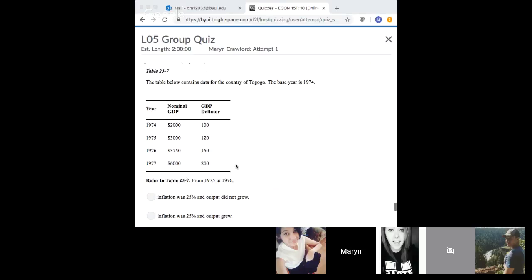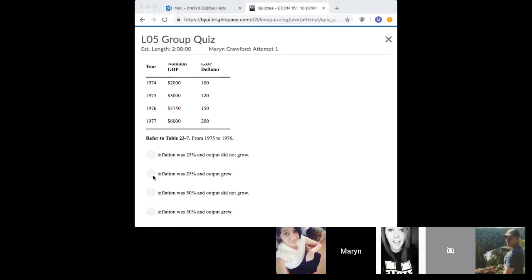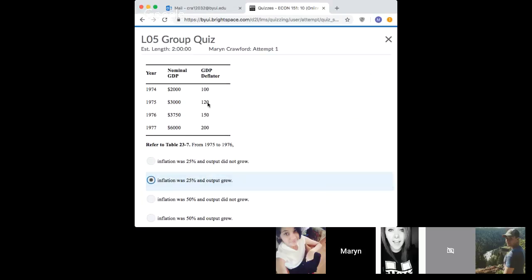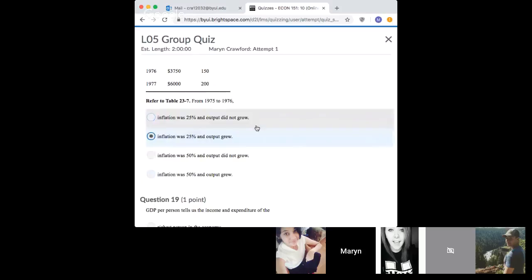Okay, 18, I got B. Same. I'm pretty sure it's 25, and I just guessed that the output grew based on the deflator. I have A. Okay, why do you think the output didn't grow? I just guessed like you did. Oh, okay.